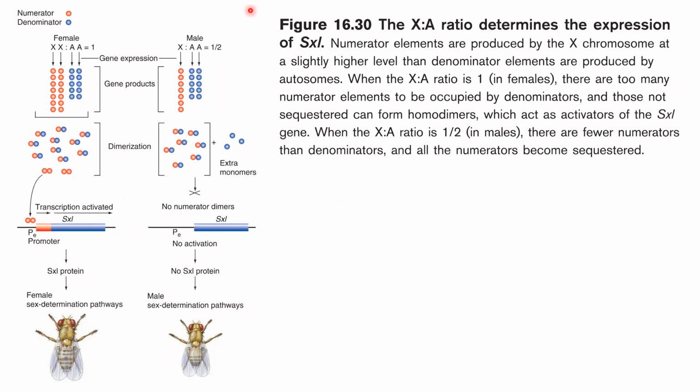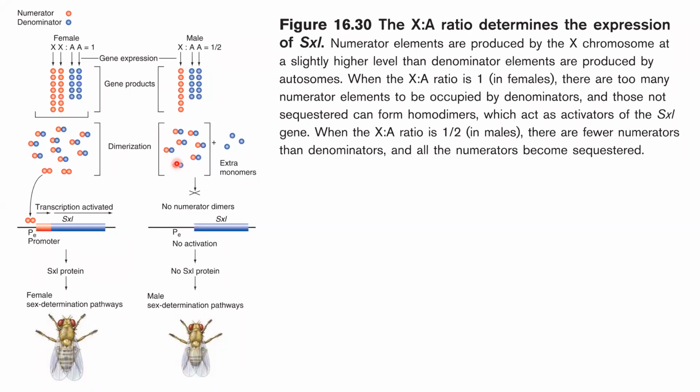But in the case of the male, you can see there is 1 X and 2 autosomes. So 1 X is not able to produce as much product as 2 X had produced. So we are not getting as much X product as compared to the autosome, since there are 2 sets of autosomes. And in this case, after the dimerization, we do not get any numerator homodimers.